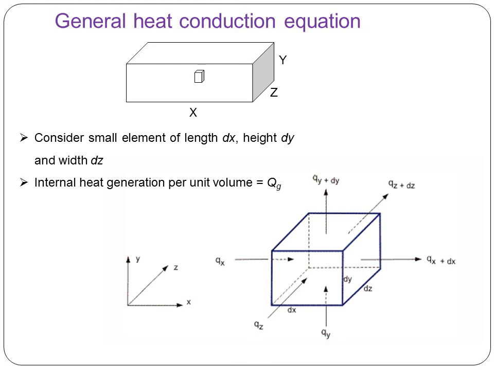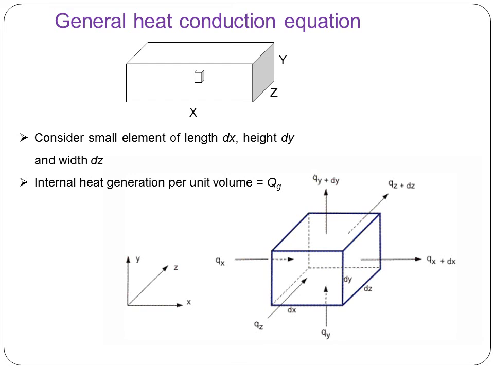Let me denote it by Qg, the internal heat generated per unit volume. There are some cases in which you may have internal heat generation in the element itself, so we need to consider it, and it is taken as Qg.